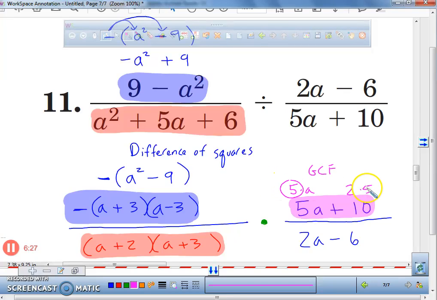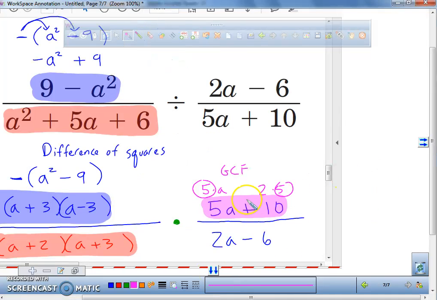So circle the 5. Now let me explain to you what just happened. This right here, everybody, factors the 5 out, open parentheses. This is the greatest common factor right there. What do I have left? An a plus a 2. So everybody see this right here? That's what the numerator factors to.